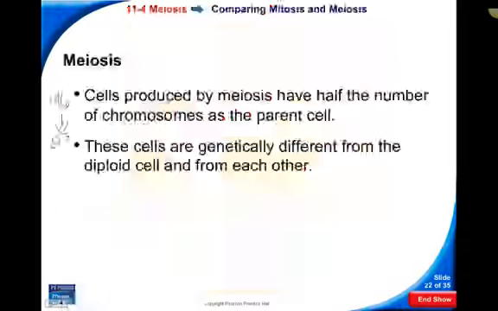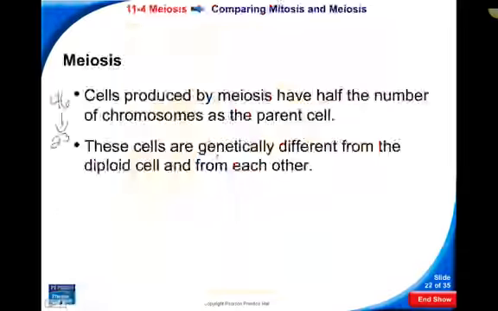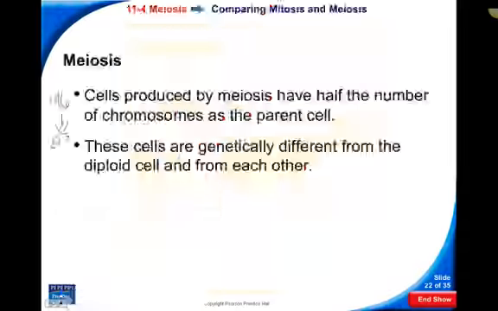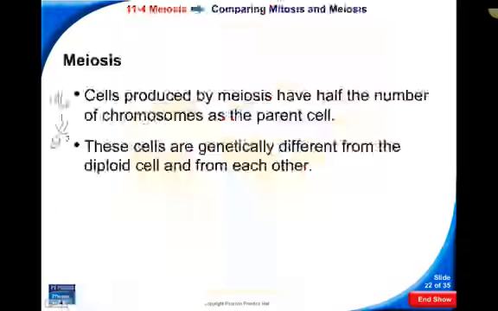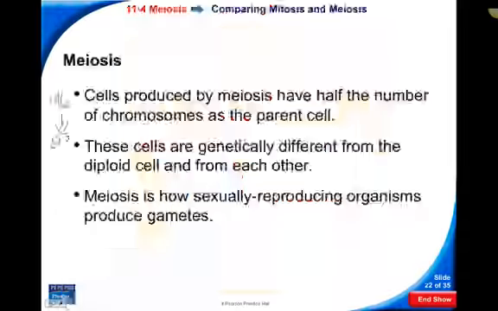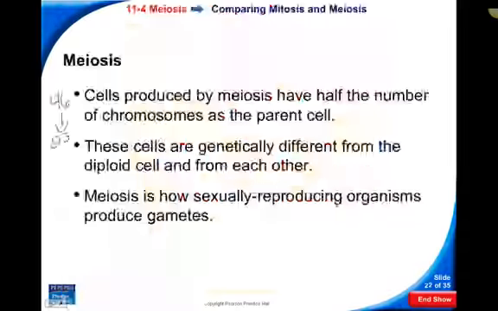So, because sexually reproducing organisms are all genetically different from each other, there is a greater diversity of organisms surviving. Okay, and this is how sexually reproducing organisms produce their gametes.